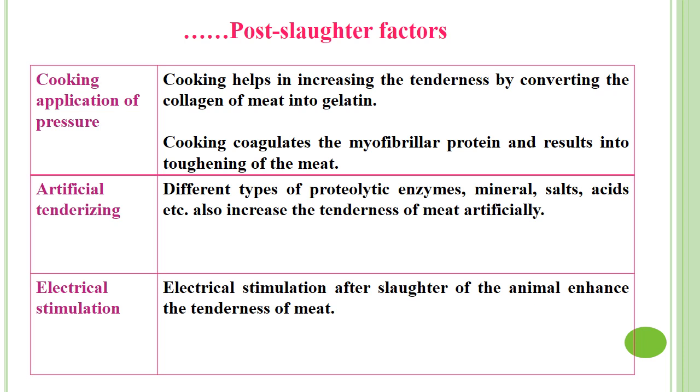And then electrical stimulation, this is a modern industrial practice especially for quick chilling. Electrical stimulation is given so that rigor mortis is resolved very quickly, and when rigor mortis gets over quickly, then it can be kept in chilling for quick chilling. So in this case the electrical stimulation also helps in tenderness.